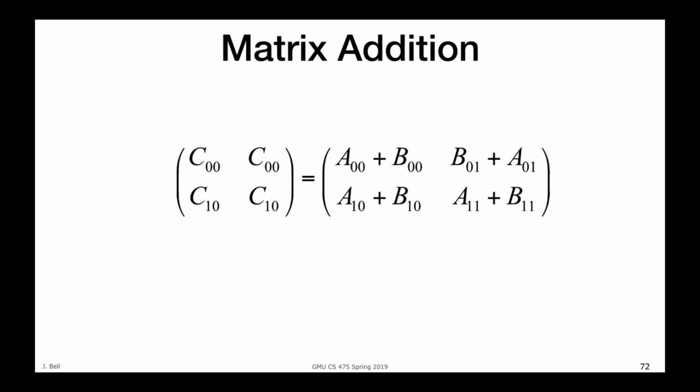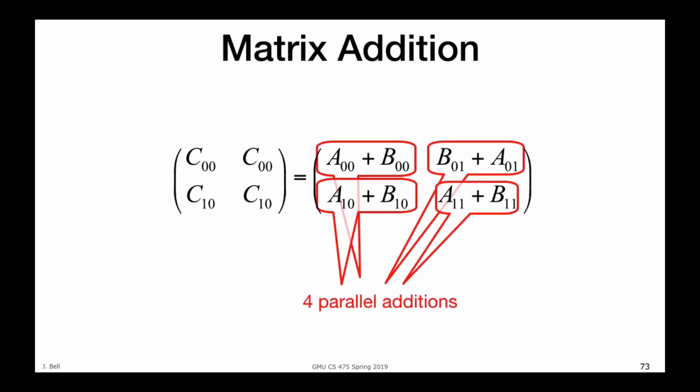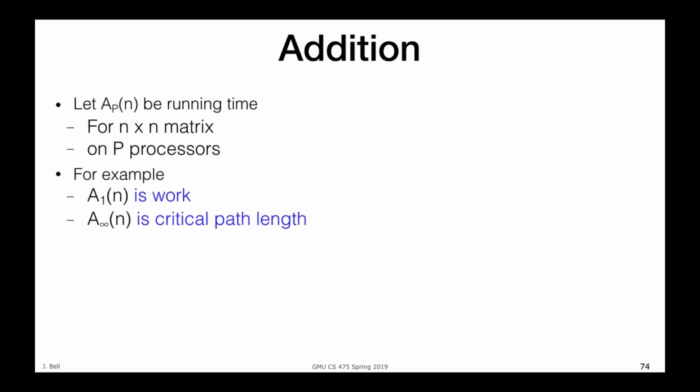So now let's go back to our matrix addition to talk about what kind of parallelism we got here by decomposing this into these 4 parallel additions. Let's see if we can analyze the running time for adding 2 matrices using this model.